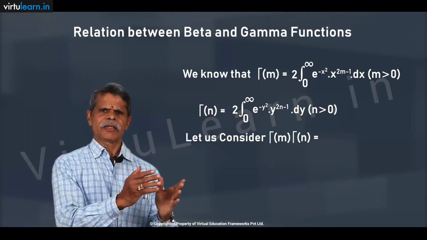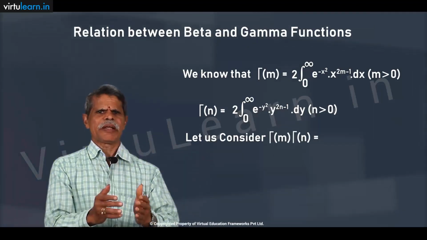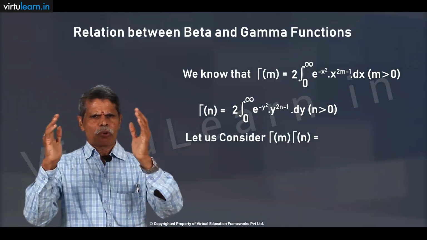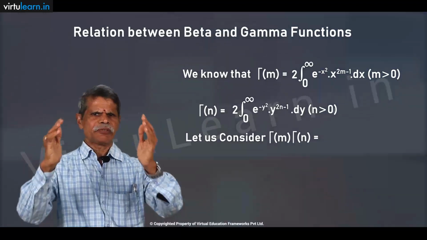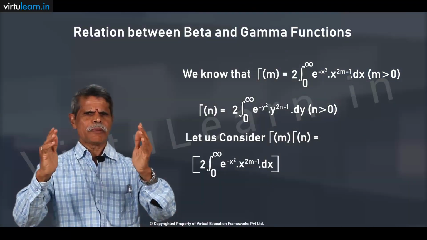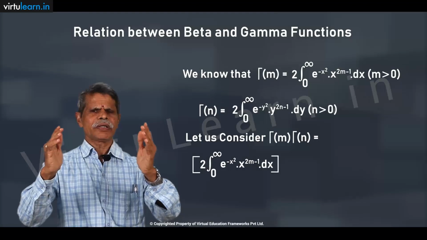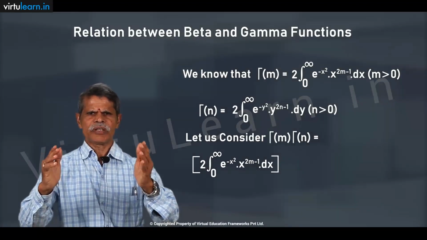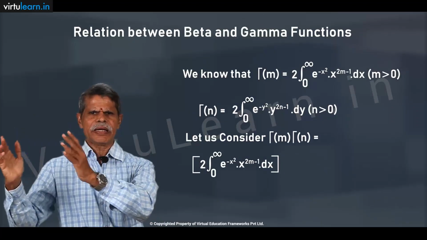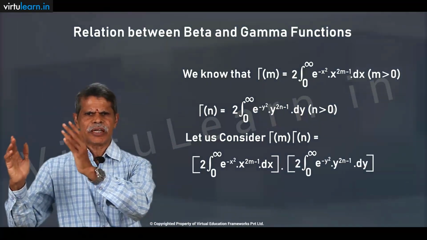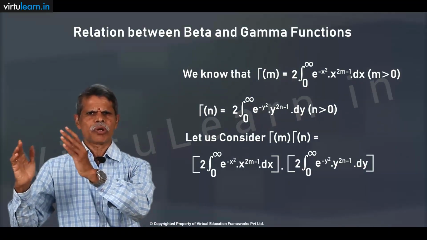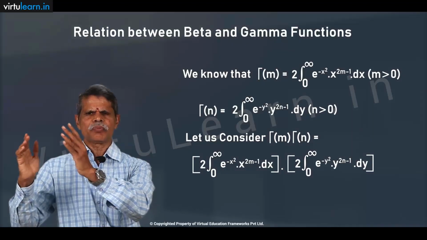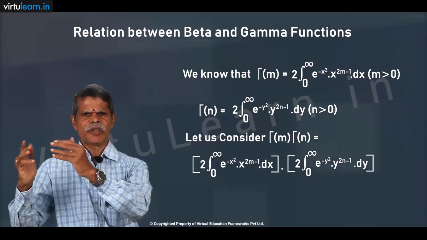We consider gamma m into gamma n. It is now the product of two integrals. The first integral is 2 times integral 0 to infinity e power minus x square x to the power of 2m minus 1 dx. Another integral is 2 times integral 0 to infinity e power minus y square y to the power of 2n minus 1 dy.